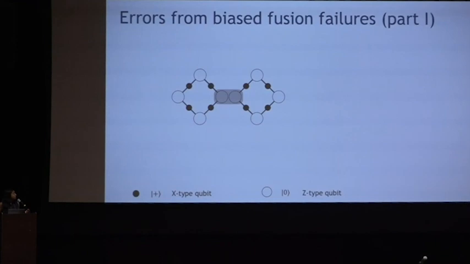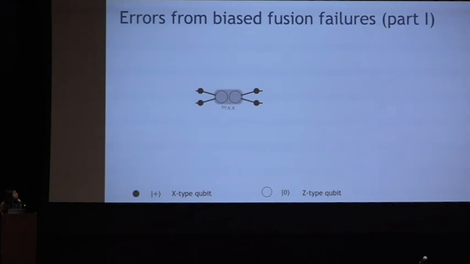Now that you've generated your resource states, let's pass them on to our fusion protocol. For simplicity, I'm only going to show these two central Z-type qubits and their immediate X-type neighbors. I then perform an XX measurement on these two Z-type qubits. This does two things. It firstly fuses these two Z-type qubits into a single virtual qubit with a two-body ZZ logical operator.